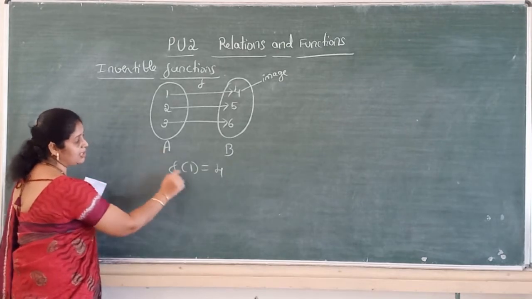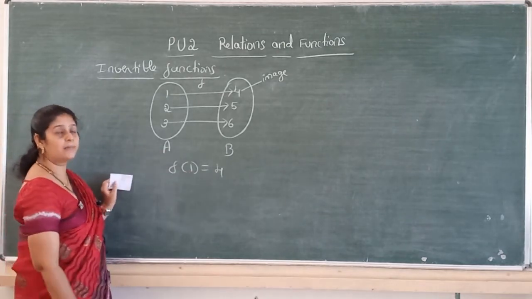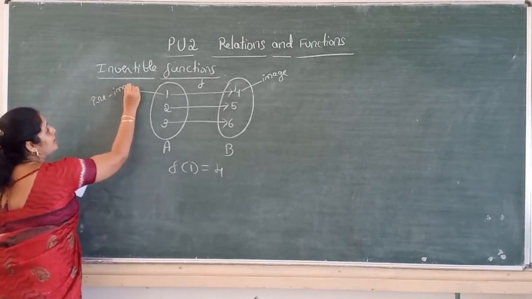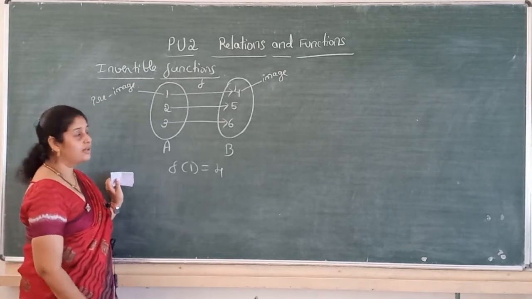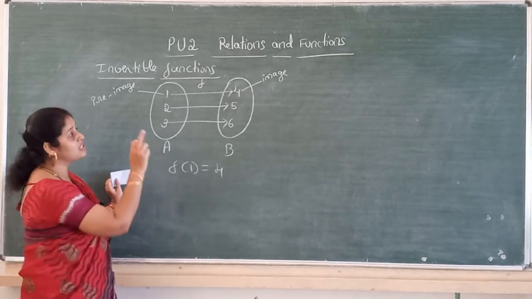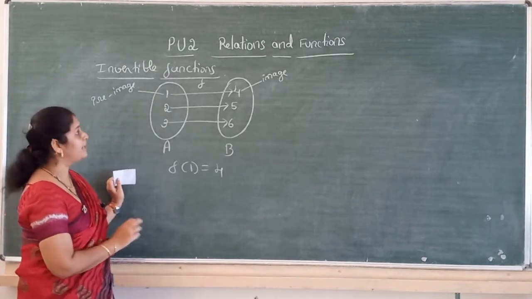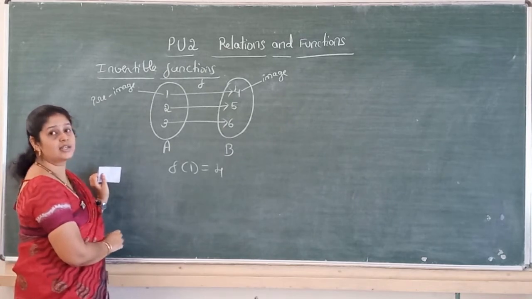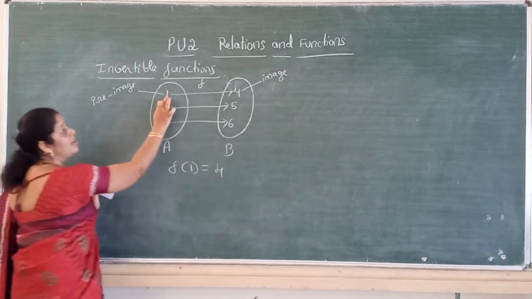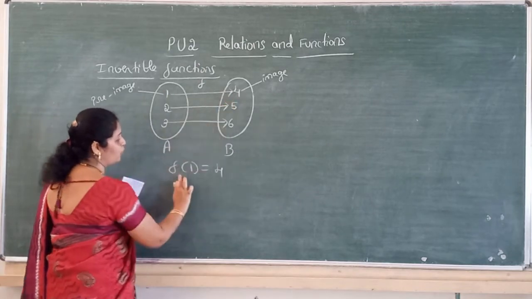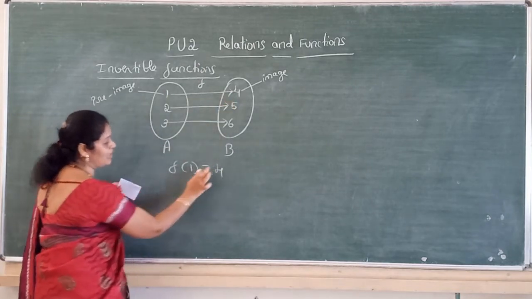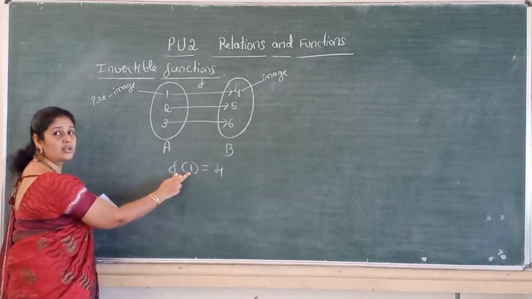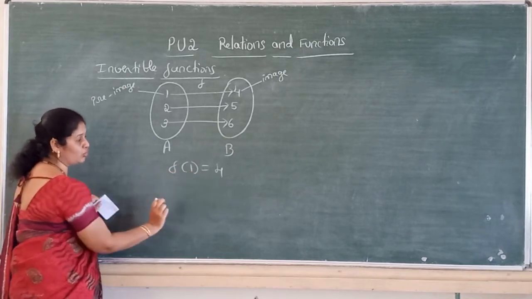4 is called image. That means what about 1? 1 is pre-image. Therefore, here 1 is called pre-image, or we will call it the inverse of element 4. Here f of 1 is 4, 4 is image, 1 is pre-image, or it is inverse of 4.